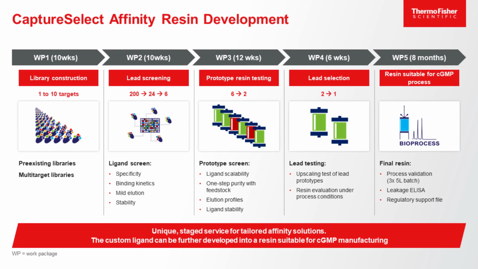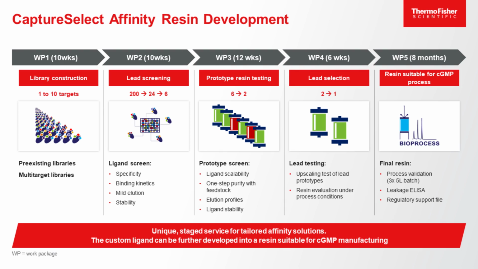So basically really making the resin in the end suitable for the product you need to purify. And we can check for ligand stability, which is of course finally as well needed to make a robust resin. So this step is really key to end up with a good resin.